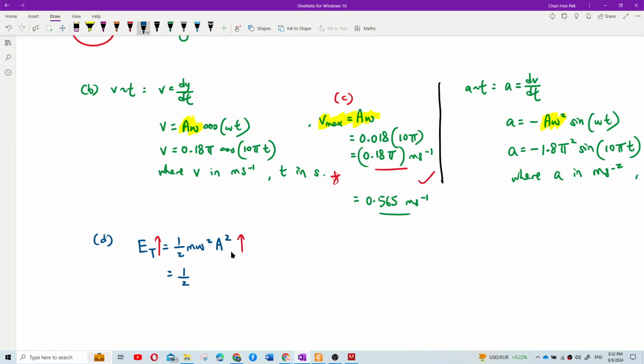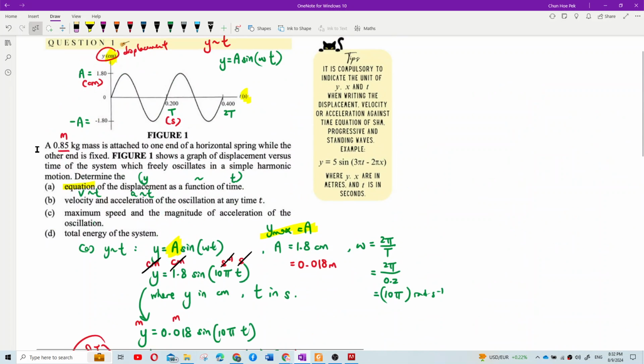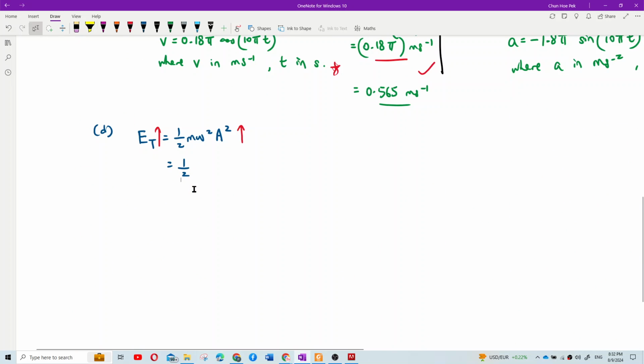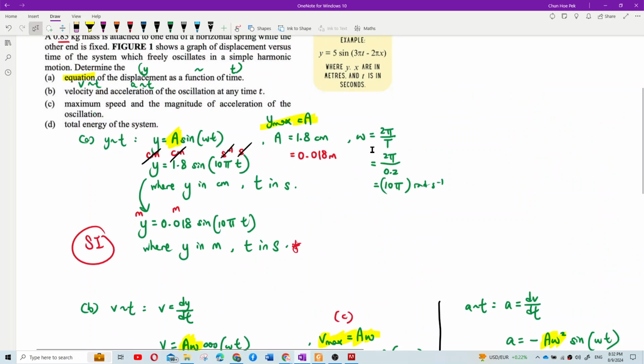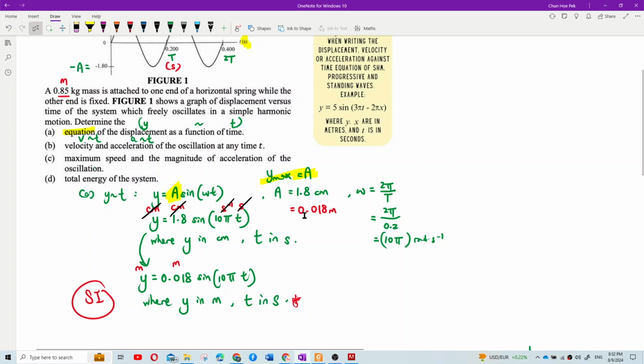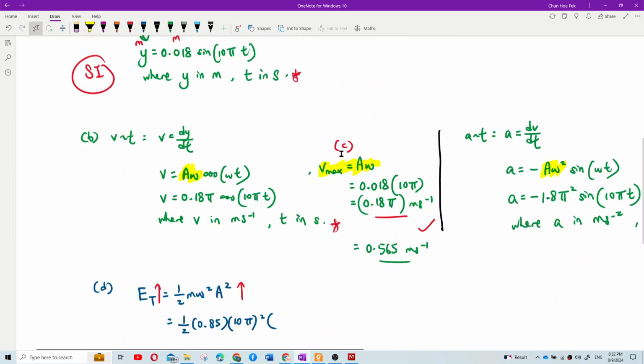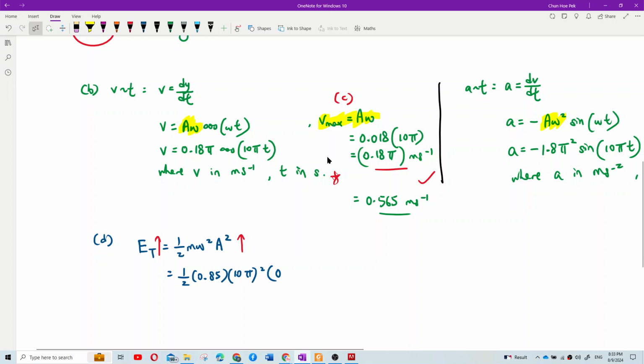So mass, just now mass given. Mass is given 0.18, sorry, 0.85. So just put in 0.85. Omega is 10 pi, right? Omega is 10 pi square, and then amplitude is changed to SI unit, meter, 0.018 meter square.